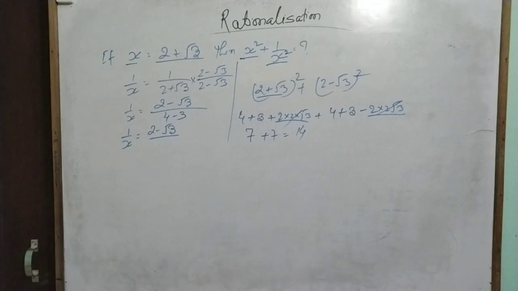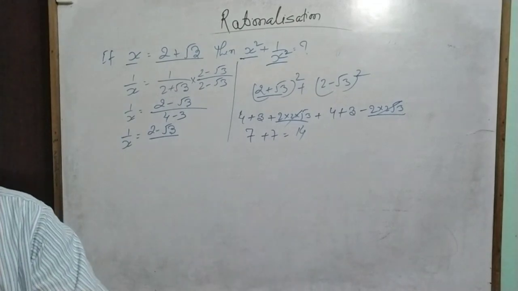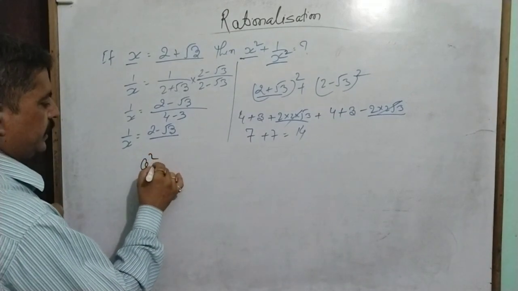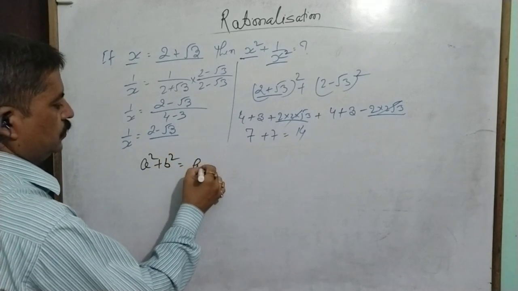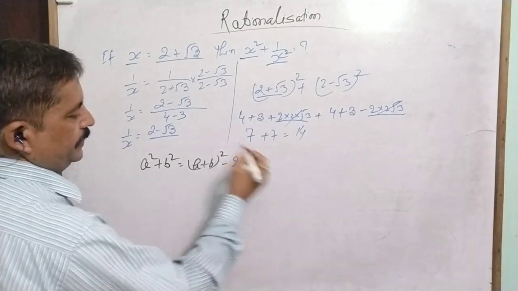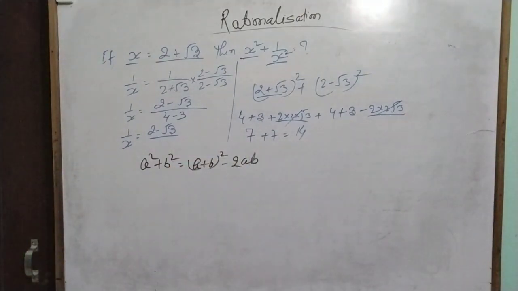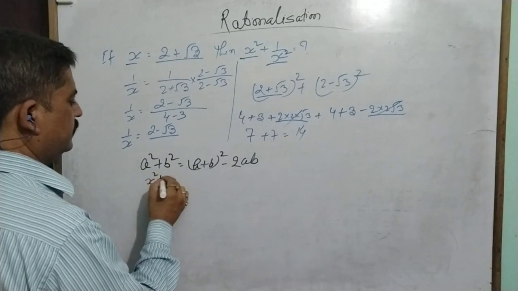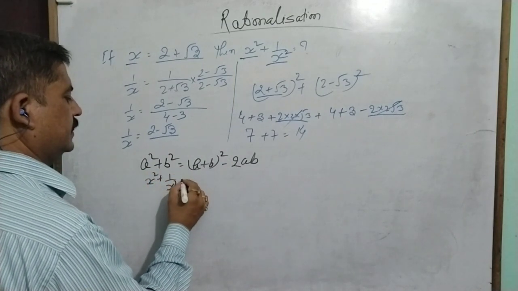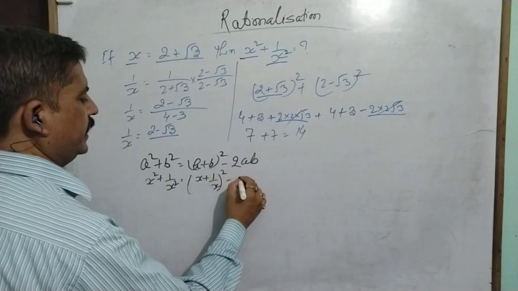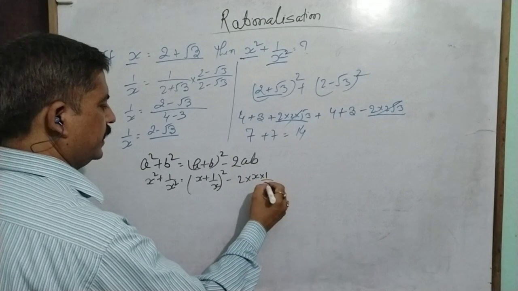Another way, using algebra, because we know that a square plus b square is equal to (a plus b) whole square minus 2ab. So the value of a is x square, b is 1 by x square, equals (x plus 1 by x) whole square minus 2 into x into 1 by x.